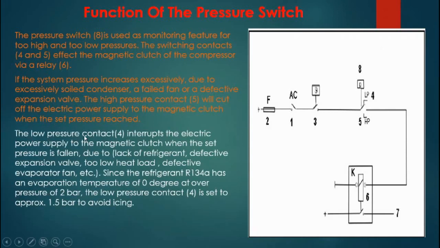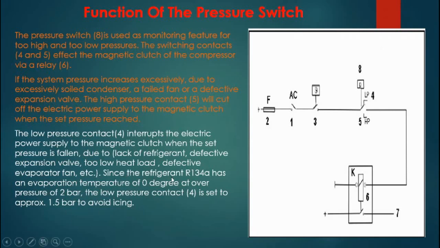The low pressure contact 4 interrupts the electric power supply to the magnetic clutch when the pressure falls due to a lack of refrigerant, a defective expansion valve, too low heat load, or a defective evaporator fan. If these problems occur, our temperature becomes low and the low pressure contact disconnects the power supply.